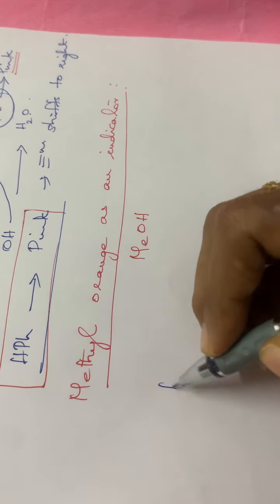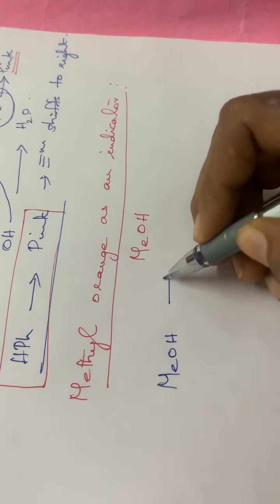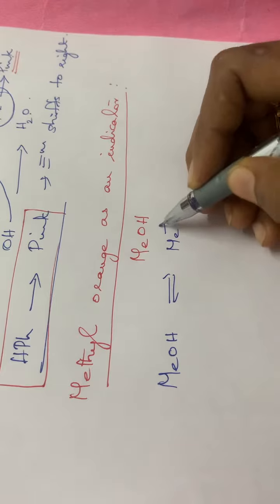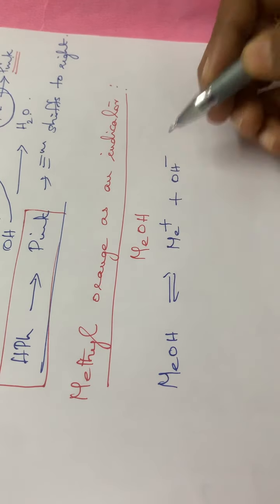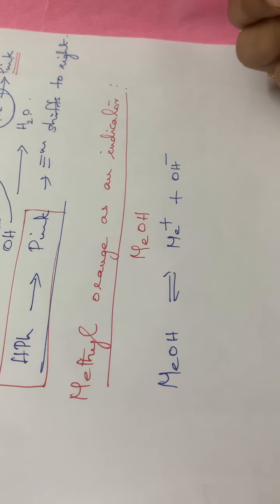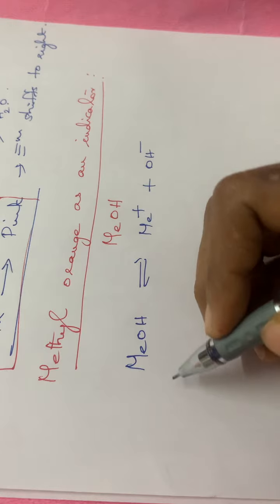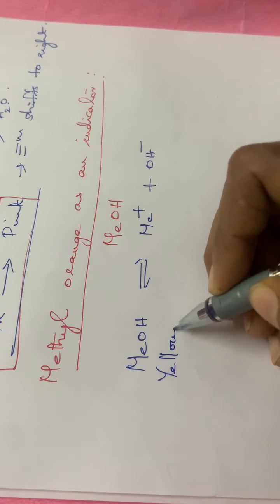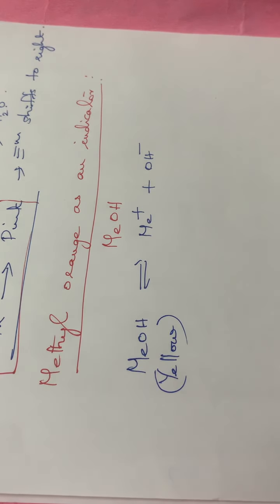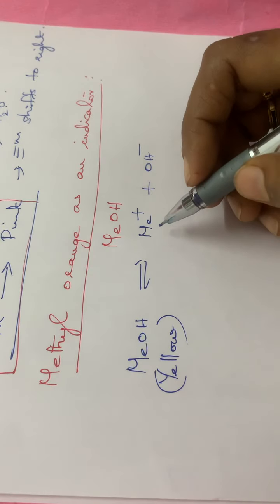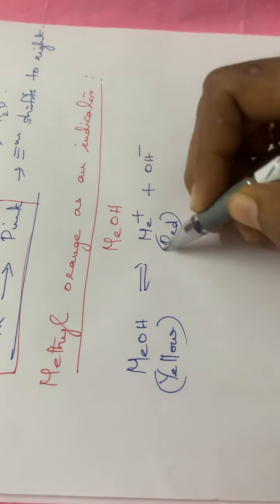So let us write the ionization of MeOH. It will be ionizing as Me plus and OH minus, and this is the unionized form MeOH, isn't it? So the unionized MeOH, methyl orange, will be yellow in color and the ionized Me plus will be red in color.